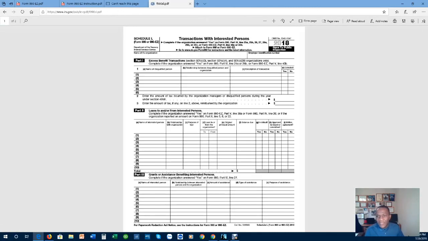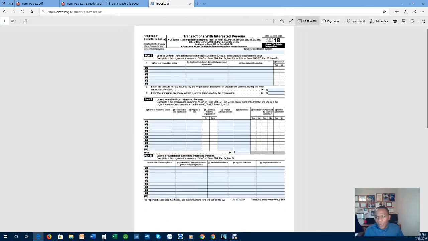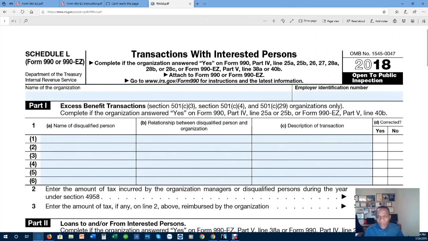So there are many different schedules that you must be aware of as a non-profit organization. Schedule L deals with transactions with interested persons. Basically, this form must be completed if the organization answered yes on Form 990 Part 4, lines 25a, 25b, 26, 27, 28a, 28b, 28c, or Form 990-EZ Part 5, line 38a or 40b.